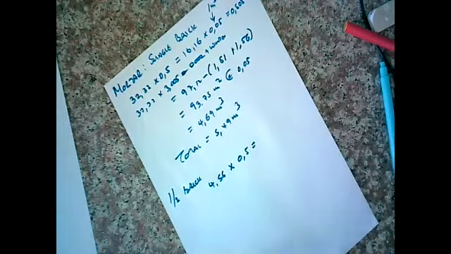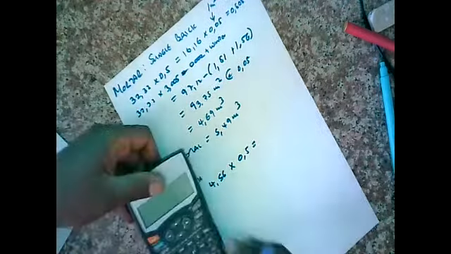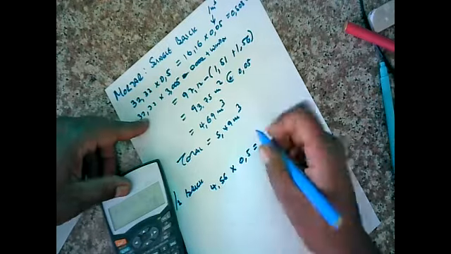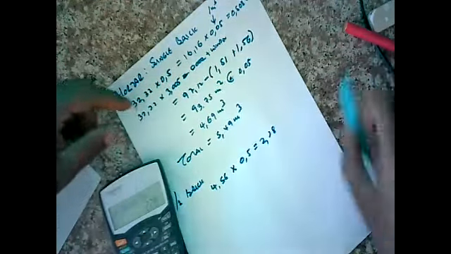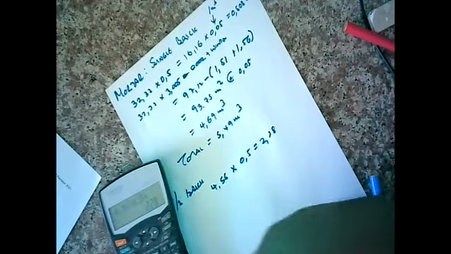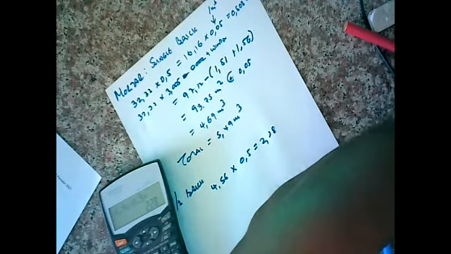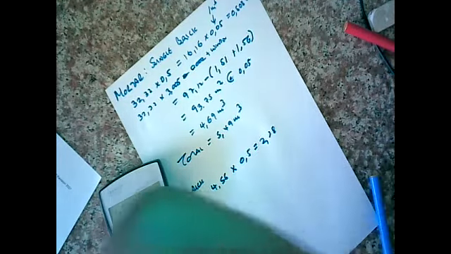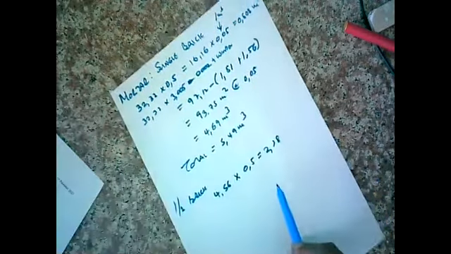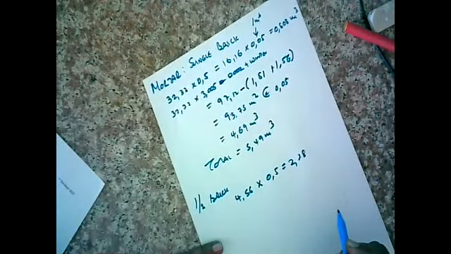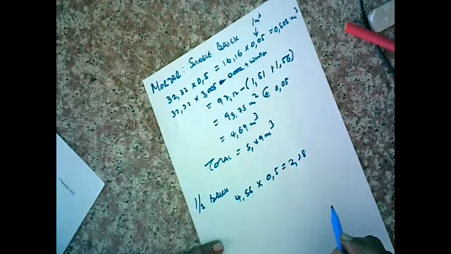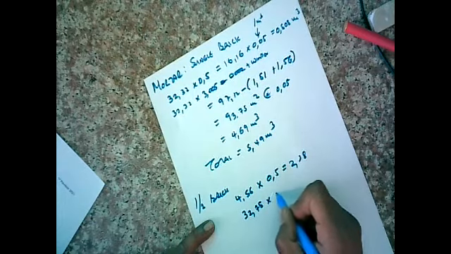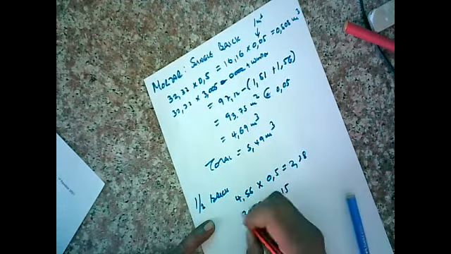We're getting 2.28. 32.78 times 0.15. And what's this?